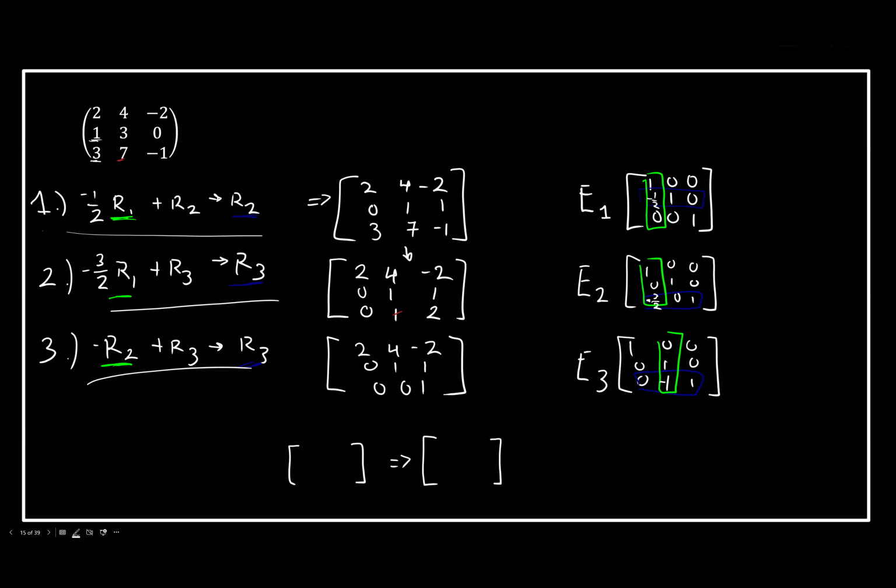We want upper triangular form, which we know is 2, 4, -2, 0, 1, 1, 0, 0, 1. And then this is our original matrix. And we're going to multiply that whole thing by E1 times E2 times E3.